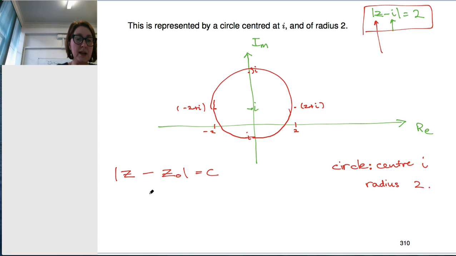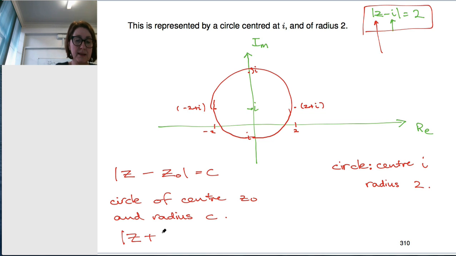I try and sketch that in the complex plane, then it will be a circle of centre z naught and radius c. If it was given in this form, modulus of z plus z naught equals c, then that's easy.